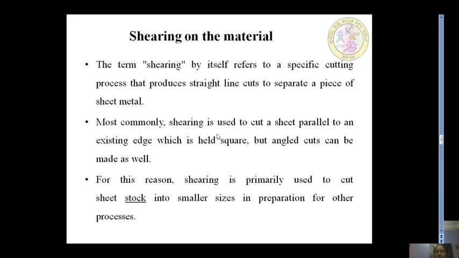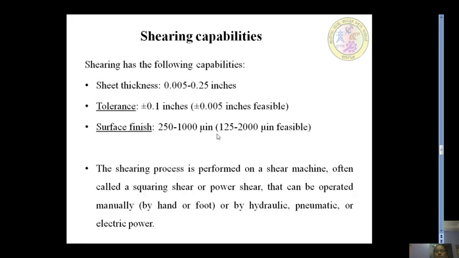For this reason, shearing is primarily used to cut sheet stock into smaller sizes in preparation for other processes. Shearing has the following capabilities. Sheet thickness, we are going to have this as 0.005 to 0.25 inches. Tolerance width plus or minus 1 inch. Surface finish 250 to 1000.